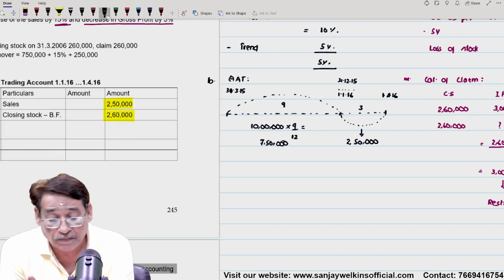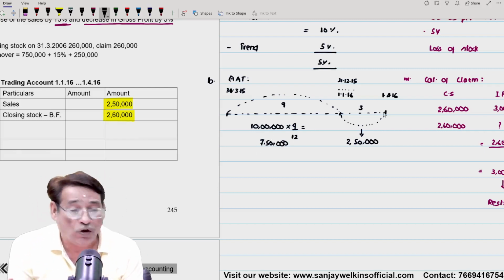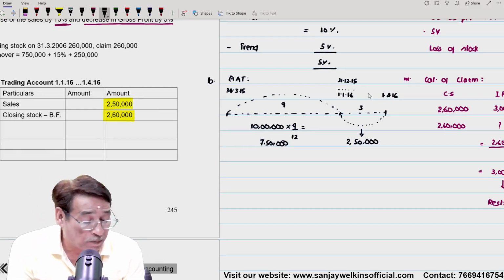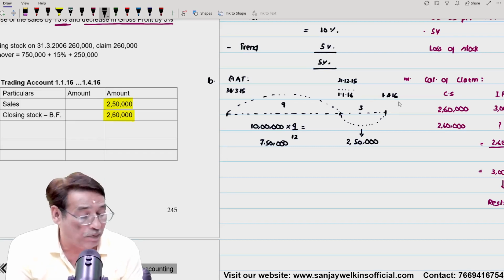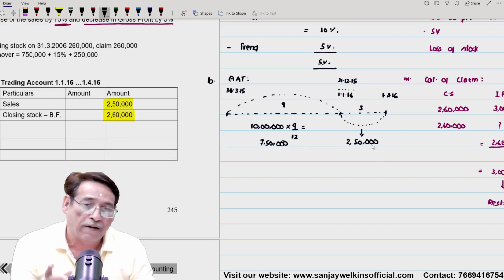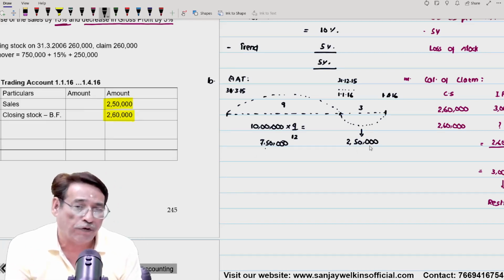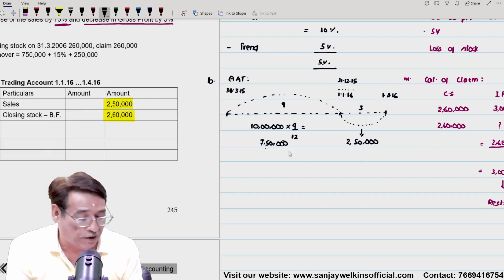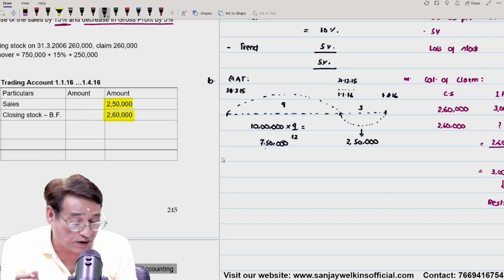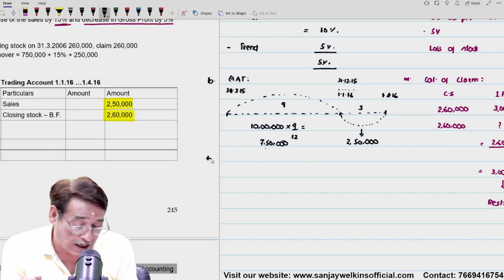Is it clear? So that means the turnover of 12 months prior to this particular date is equal to this much, no doubt about that. So total turnover is coming to 750 plus 250, that is 10 lakh. That means turnover prior to the date of fire is equal to 10 lakh. But problem is that we have to adjust the trend.